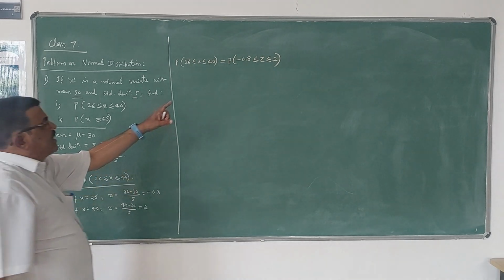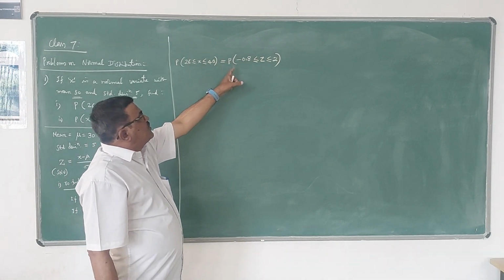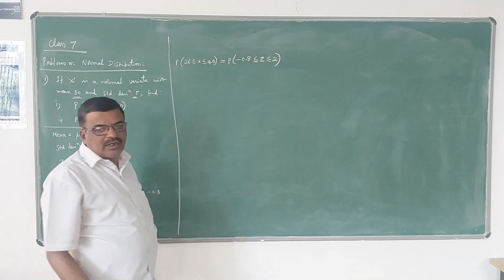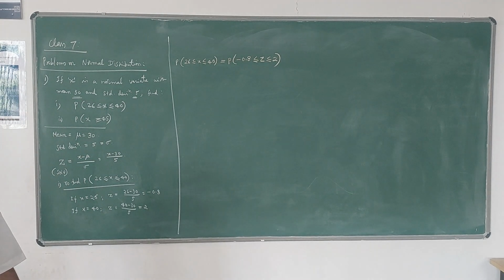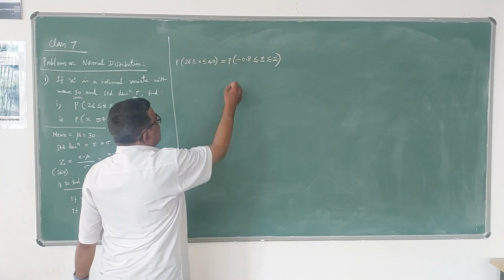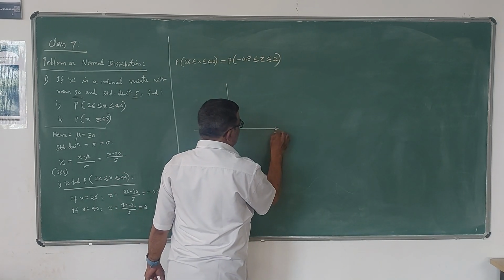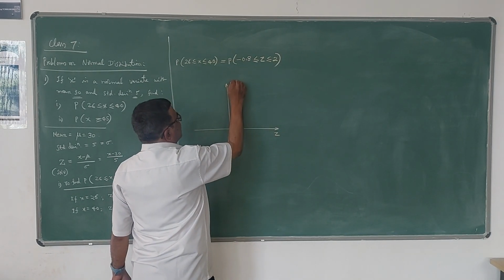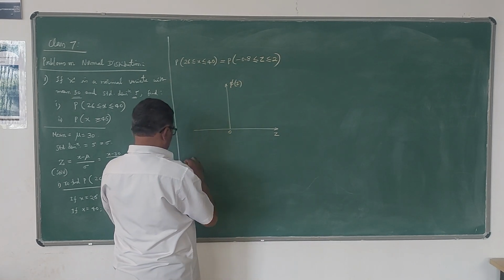So this is the standard normal distribution. Now you can find this using the table of values of phi of z. In this graph, this is 0.